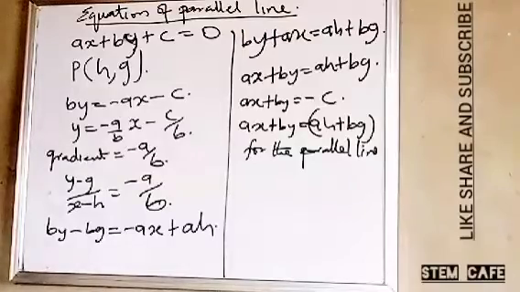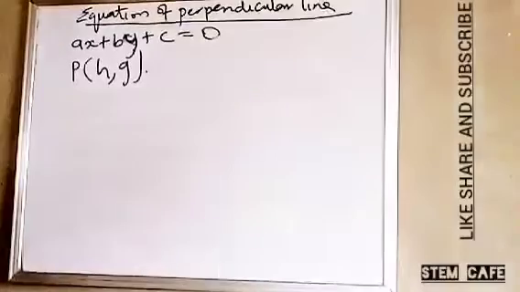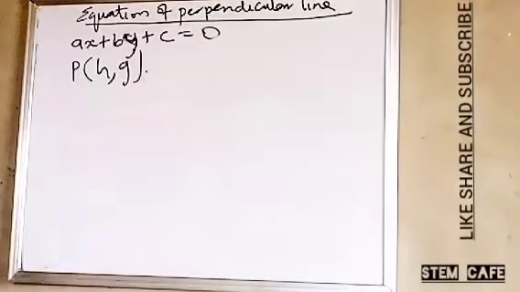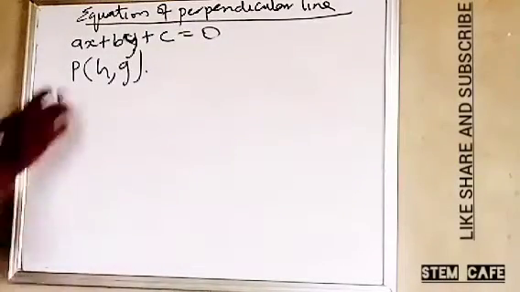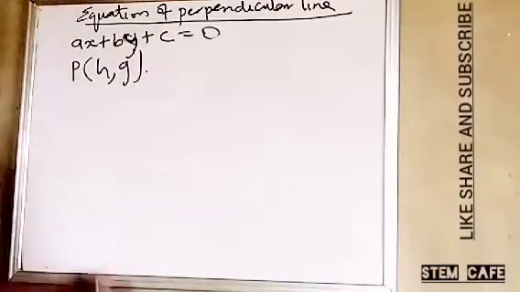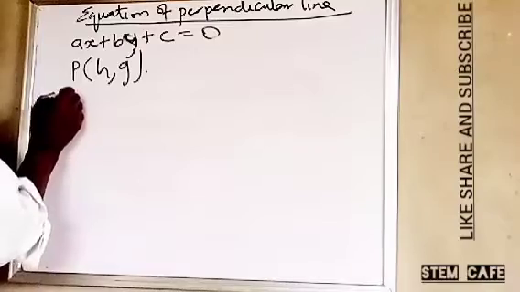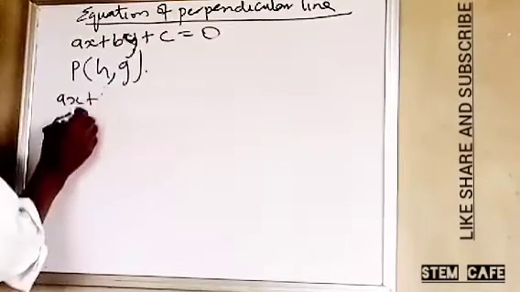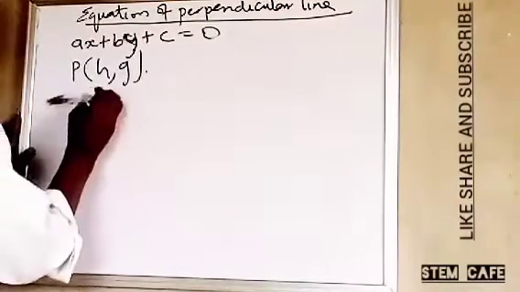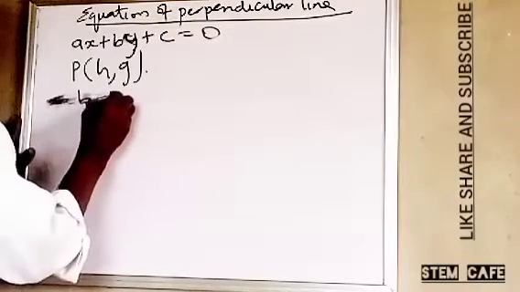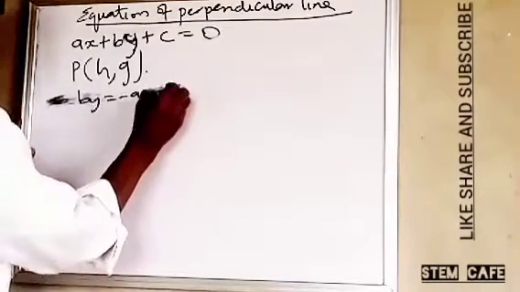Now let's look at the perpendicular line. I have an equation ax + by + c equals 0. Let me find the gradient the same way. by equals minus ax minus c.